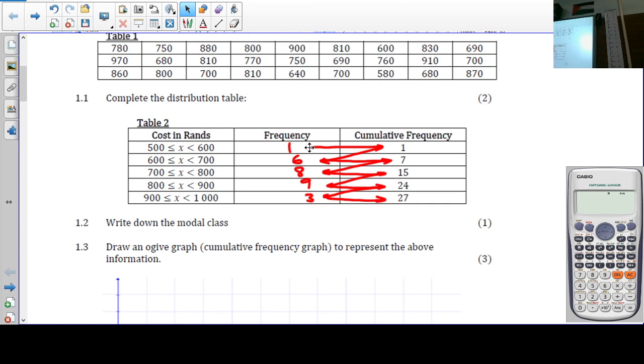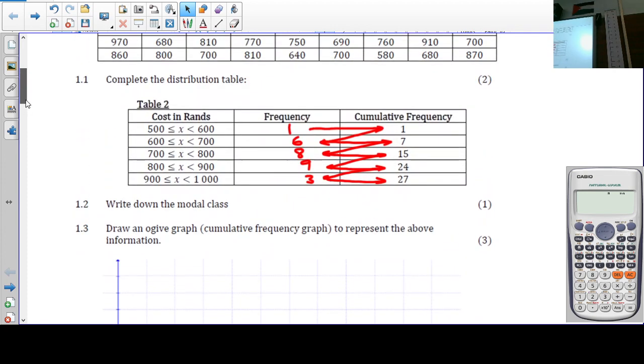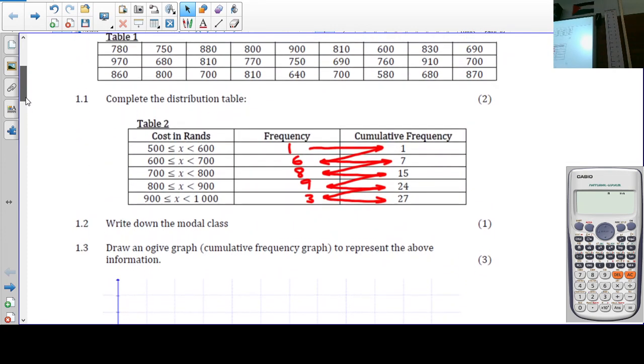In the next question, 1.2, we are asked to write down the modal class. Now the modal class is the class that has the most entries in.